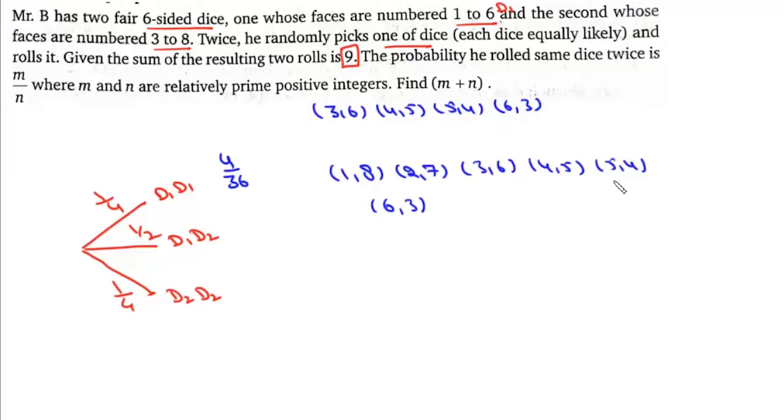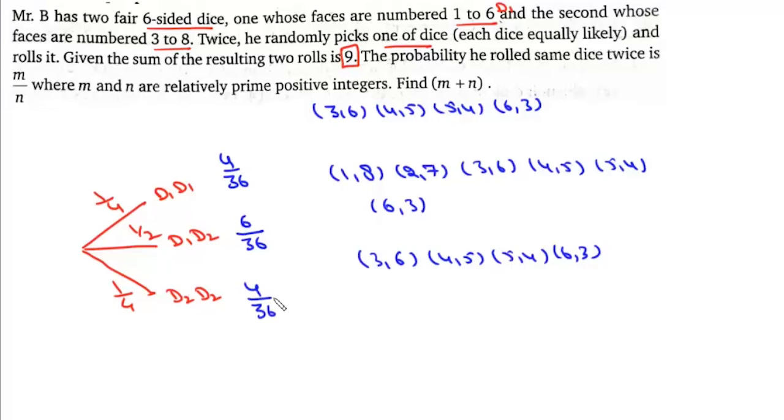So there will be 6 cases. So then it will be this 6 by 36. And if it is both D2, then we'll have 3, 6, 4, 5, 5, 4 and 6, 3. So again, it will be this 4 by 36.